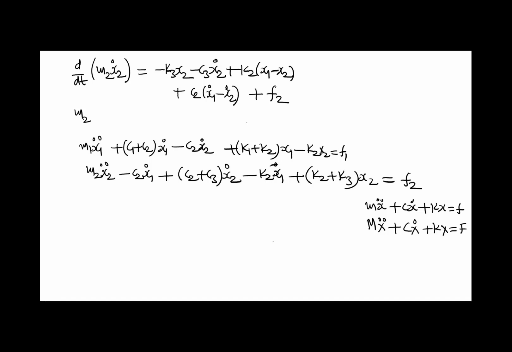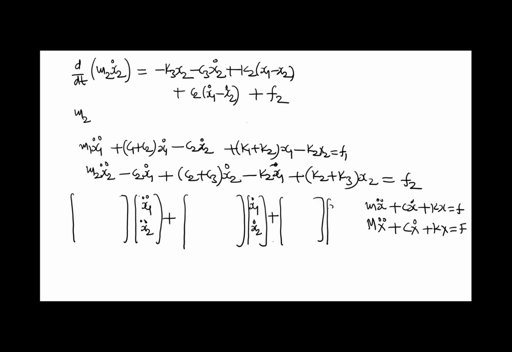Now we have a vector of accelerations, a vector of velocities, a vector of displacements, equal to F1, F2. Taking the first equation, we can see there is a contribution from acceleration side, m1. So m1 will come over here, but there is no contribution from x2 double dot, so that part goes to 0.